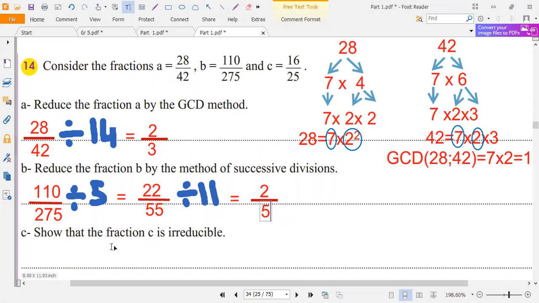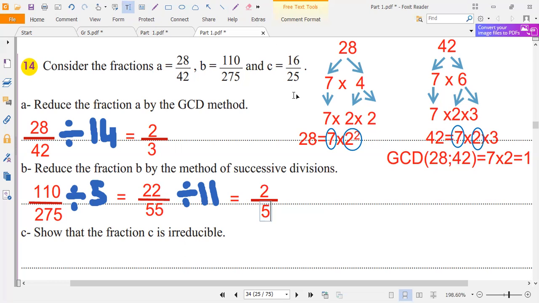Now show that the fraction C is irreducible. Look at C. We have 16 and 25. How do we know if a fraction is irreducible? The numerator and the denominator should be relatively prime. It means they don't have a common divisor other than 1. Look at 16 and 25. Do they have a common divisor other than 1?